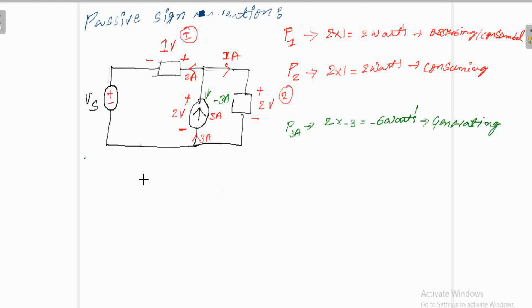According to the law of conservation of energy, the total power in the circuit is equal to 0, that is, absorbing power plus generating power is equal to 0. Let us consider the power by the voltage source is PVS, so PVS plus P1 plus P2 plus P3A should be equal to 0.